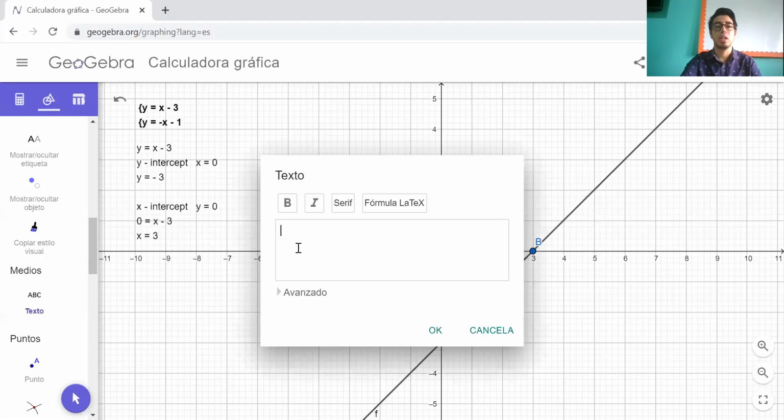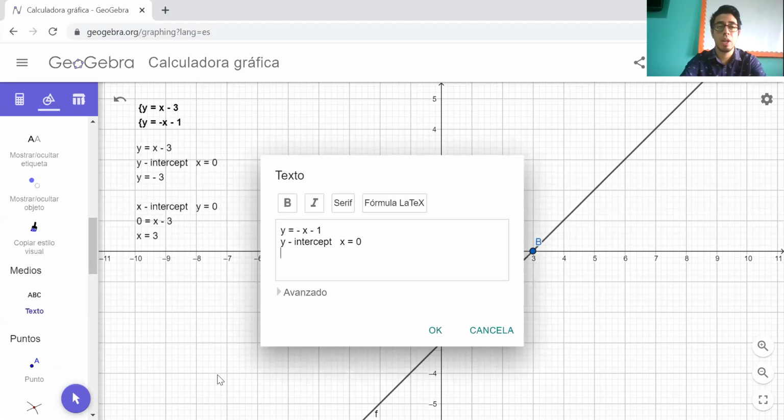If we have the equation y equals negative x minus 1, we need to obtain both intercepts, the y-intercept and the x-intercept, okay? So the y-intercept means that x is going to be equal to 0.